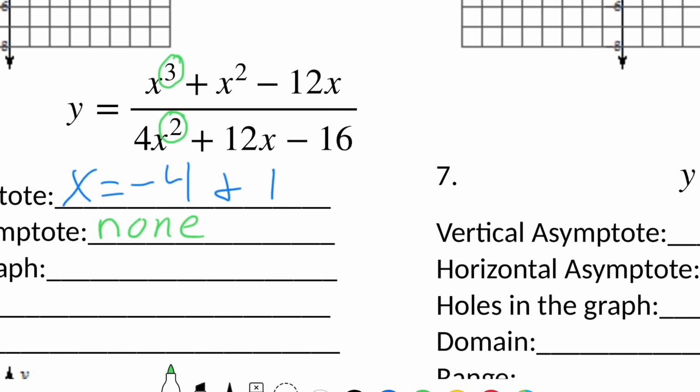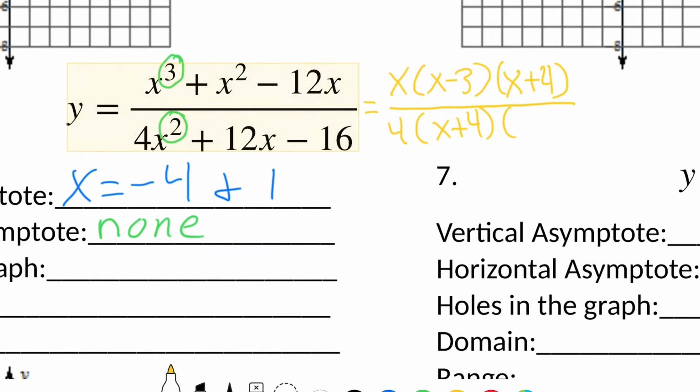In the numerator, we do have a GCF that we can factor out, and it becomes 2 times x times x minus 3 times x plus 4, all over, and we just factored the denominator, so it's the same thing that we just did. 4 times x plus 4 times x minus 1.